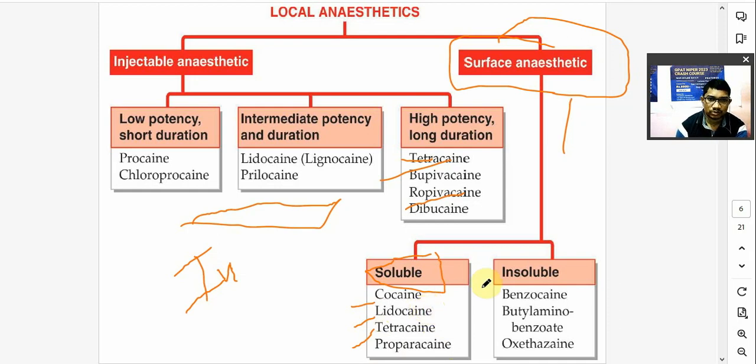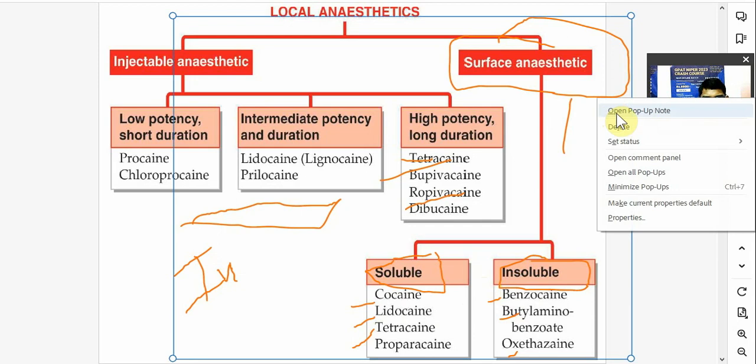So they are known as soluble. Insoluble कौन है? बेंजो, ब्यूटाइल और ऑक्सी. ऑक्स बेंज ब्यूटाइल, ऐसा याद रखो. ऑक्स मतलब ऑक्सीपॉलीथॉक्सीन, ब्यूट मतलब ब्यूटाइल अमिनोबेंजोएट और बेंज मतलब बेंजोकेन. इसके ऊपर question आता है: which one is a soluble surface anesthetic, which one is an insoluble surface anesthetic.